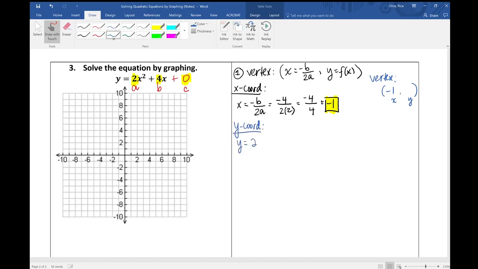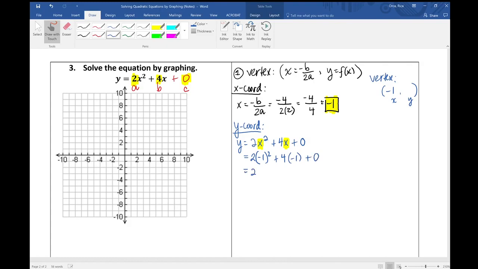Our equation is y equals 2x squared plus 4x, and if you want to put the plus 0, you can. Once again, we're taking the negative 1 and plugging it into x. So now we have 2 times negative 1 squared plus 4 times negative 1 plus 0.